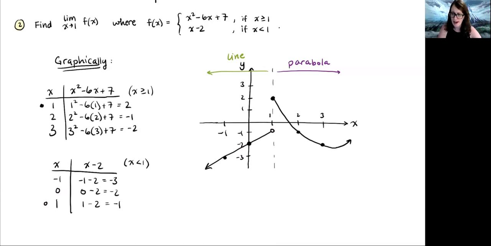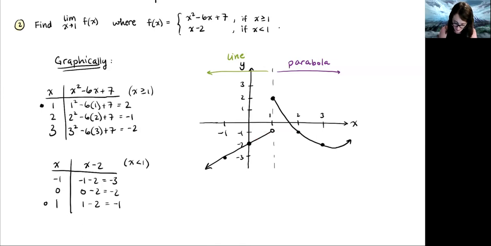So now you can see from the graph there's a jump here. As we approach 1 from one side, the y values are heading towards 2. And as we approach 1 from the other side, the y values are heading towards -1. All right. So the limit will be does not exist, or DNE, but let's notate that.